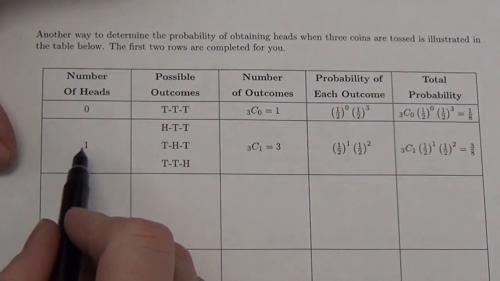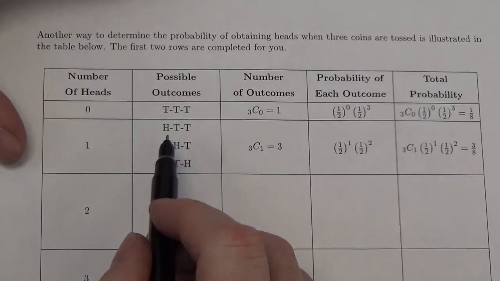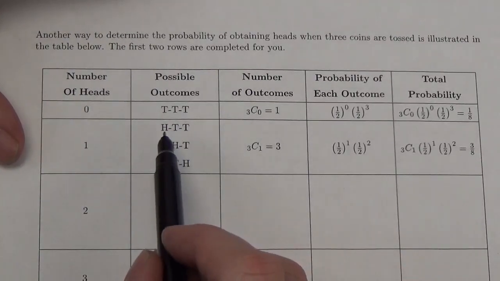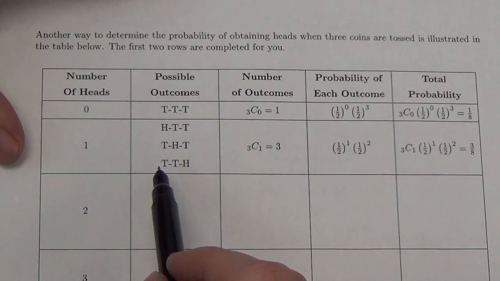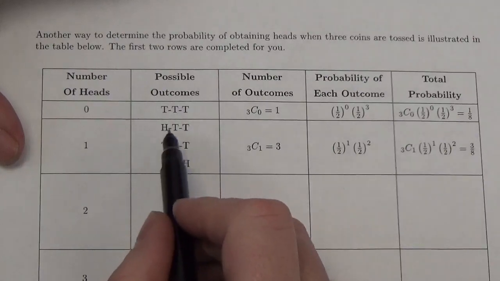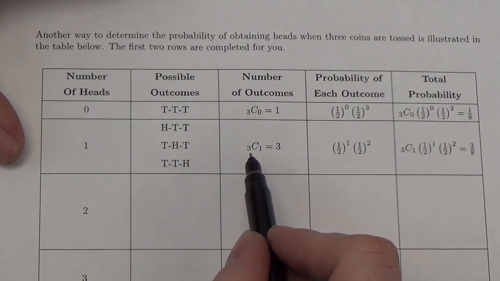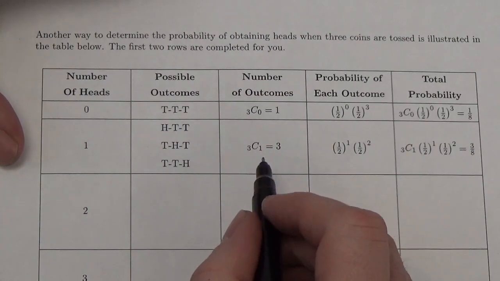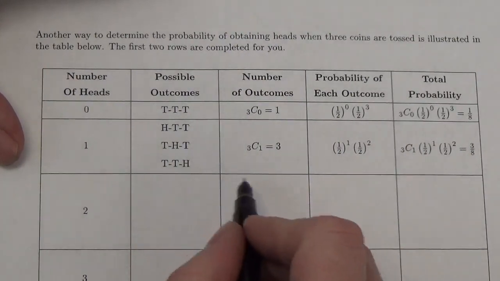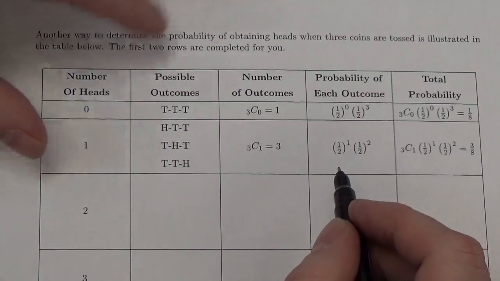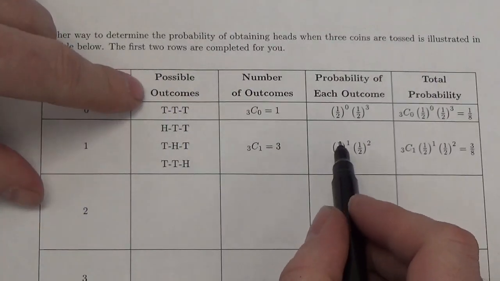Now let's take a look at what happens if you've got one head. Well, how many ways can that occur? Well, it could be HTT, THT, or TTH. So of the 3 possibilities, I'm going to choose one of them to be a head. So 3 choose 1 is 3. So this is the number of different ways that can occur. Now, for each one of these, there's one head.